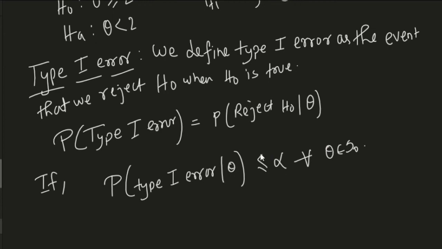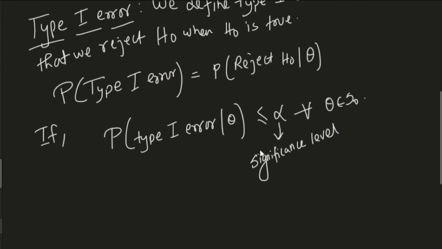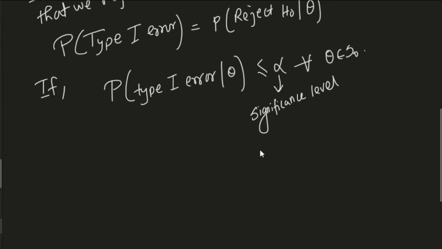So well, obviously this is what we call the type 1 error. So probability of type 1 error given theta, if it is less than equal to alpha, which is the significance level, and this usually gives us that the test is significant and we should proceed with it. But if the probability is greater than that, then there are other ways to test that.